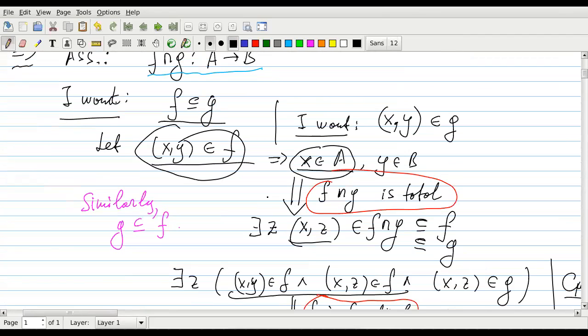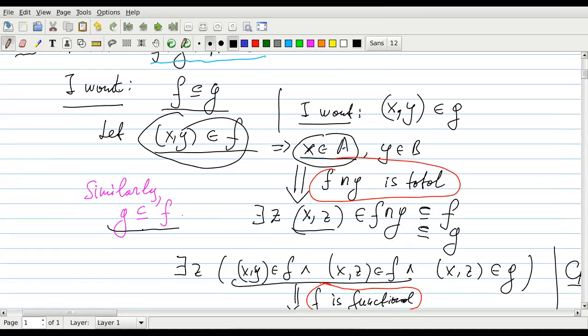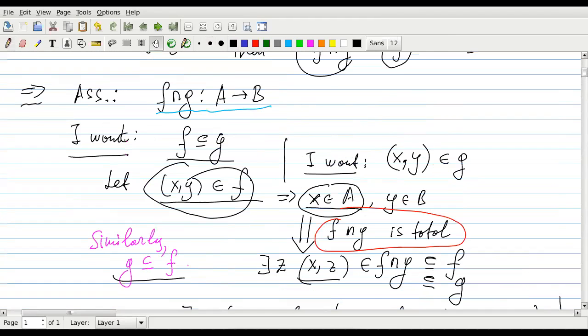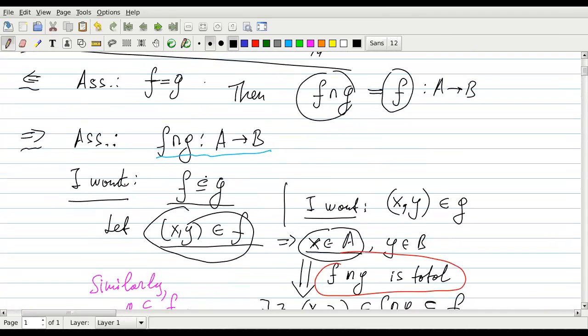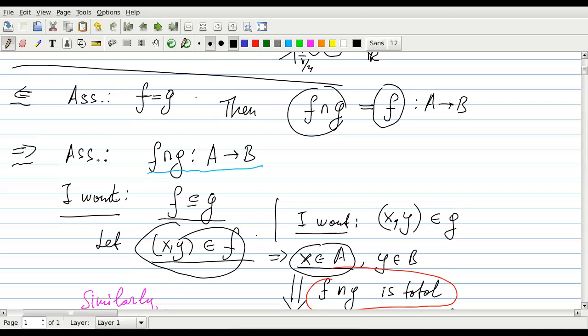But this will be necessary to prove that G is a subset of F. Then we will use the totality of the intersection and functionality of G. But here, totality of F or G does not matter. So we may generalize it a little bit.